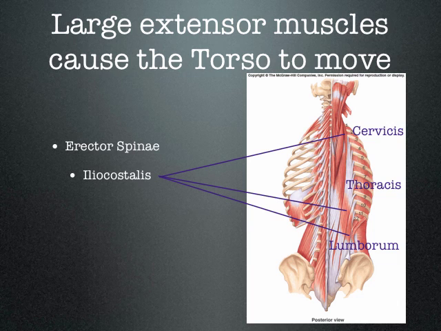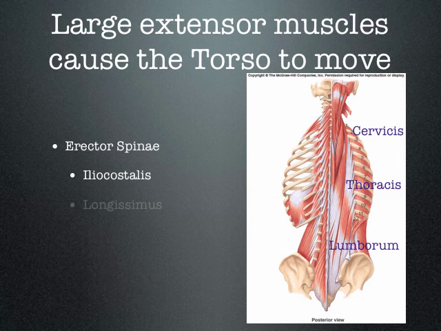Now, if we're going to go from lateral to medial. So just inside, you can see these iliocostalis are the lateral most muscles. Just inside that are the muscles called longissimus. Okay, so here's longissimus. Now, longissimus doesn't start all the way down here at the sacrum. Longissimus starts more in the center here and then works its way up.